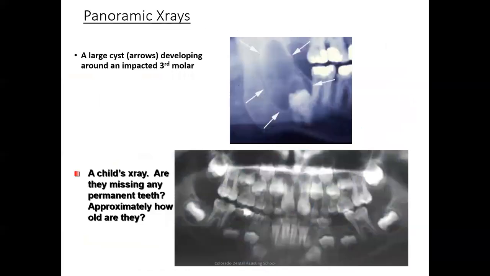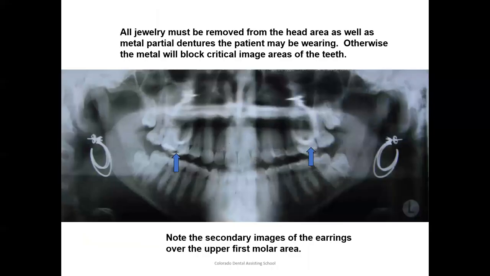Couple more examples for you. This is showing you an example if we accidentally left the patient's jewelry on. The same thing would happen with their eyeglasses. So don't let them continue to wear their safety glasses, their eyeglasses, or sunglasses at all.